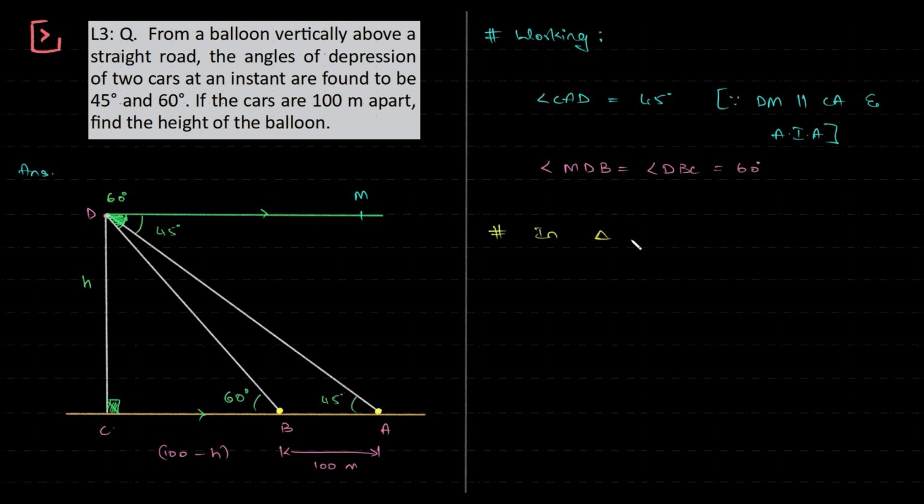In triangle, we'll start off with DCB. So what do we have? Tan of theta is what we are using, opposite by adjacent. So here tan of 60 is equal to opposite, which is the height of the balloon, not tower.